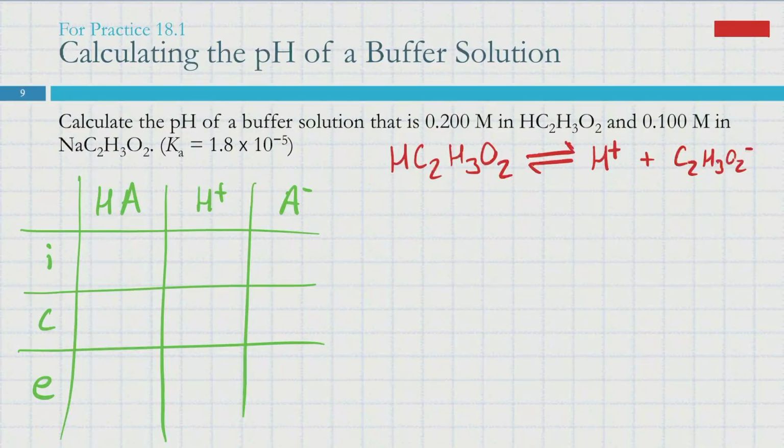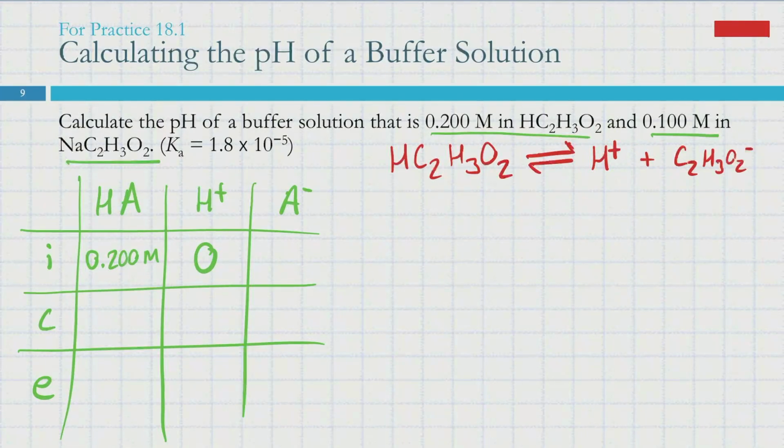Okay, so we've got our initial concentrations given to us. For HA, that's our acetic acid, 0.200 molar. Initially, we have no H plus.